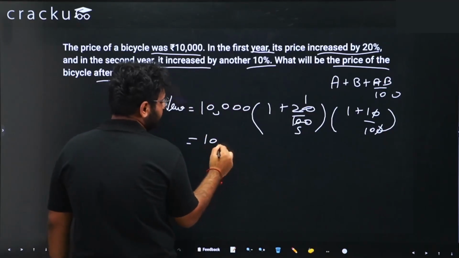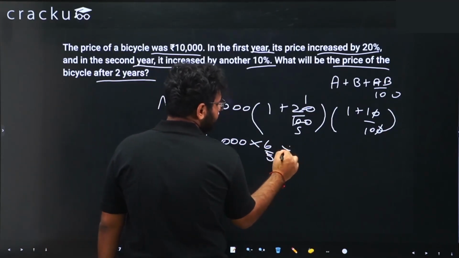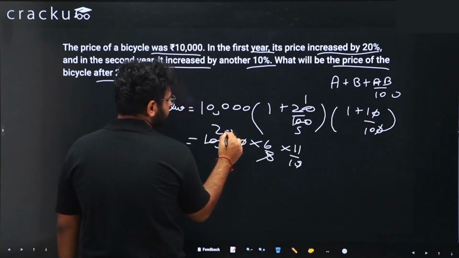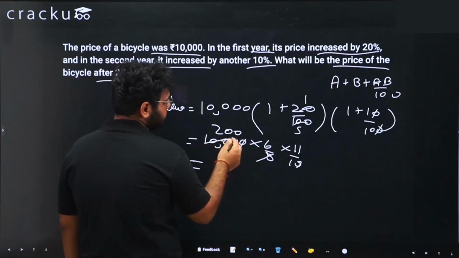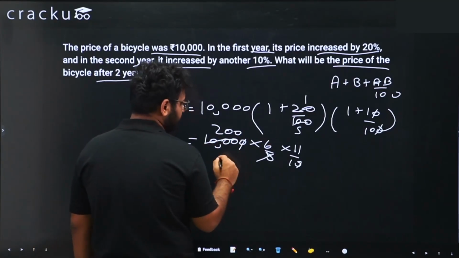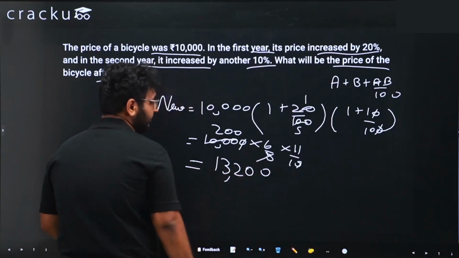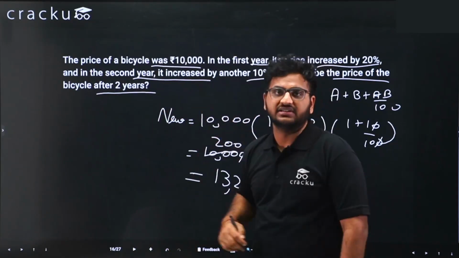So 10,000 into 6 by 5 into 11 by 10. So 10 10s 100. 5 into 200 is 1000. 200 into 6 is 1200. 1200 into 11 is 13,200. Hence 13,200 would be the price of the bicycle after 2 years.